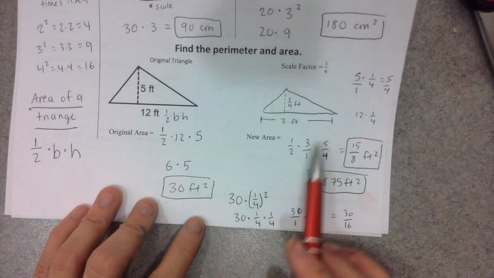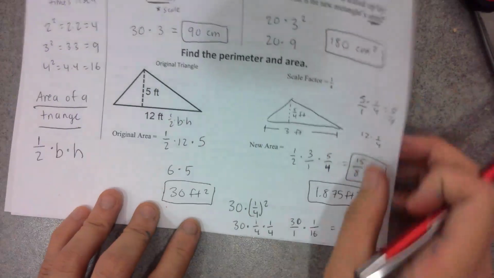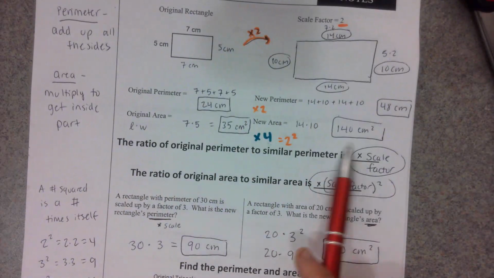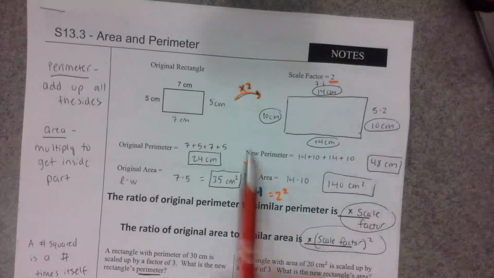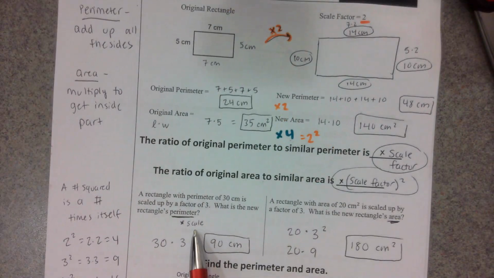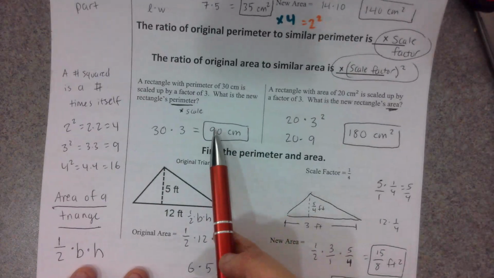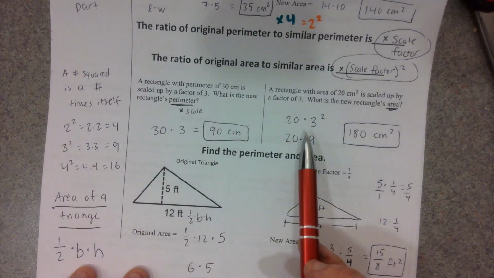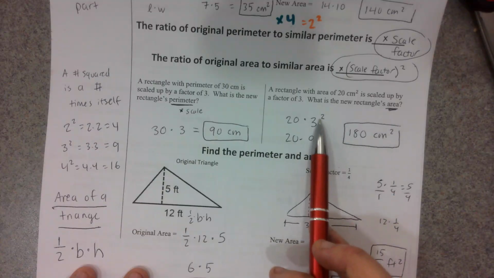So there's a few ways of doing this. This is pretty tricky, but honestly, you're just going to have to practice this one. There's no other way to explain it. Try to remember this. If not, you can always just add it up anew again. If you don't remember the trick, you can just draw the picture and do it again. But you should try to remember the trick. So perimeter, you just times it by the scale. Area, you times it by the scale squared.